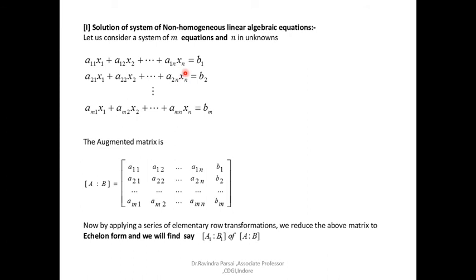In this way, whatever the problem given, first of all your objective is to reduce it to this standard pattern of a system of non-homogeneous linear algebraic equations, and then you write the augmented matrix. How do we write an augmented matrix from the given system? Your job is very simple.